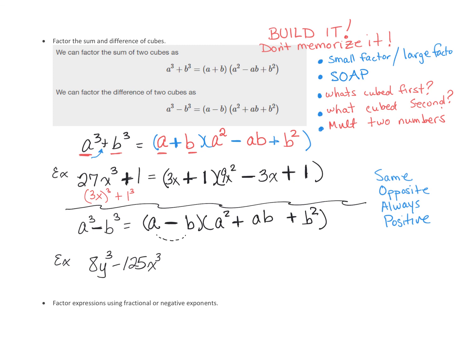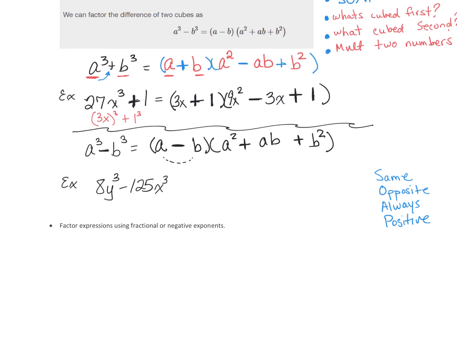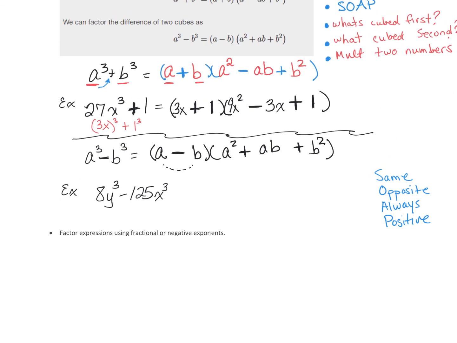So let's look at this example. I'm going to think of this as 2y cubed and 5x cubed. So you don't have to do that step, but sometimes it's helpful. We're going to have a small factor and a large factor, and we're going to put our signs in there. So this is a minus sign here. We're going to do minus, the same, opposite, and always positive.